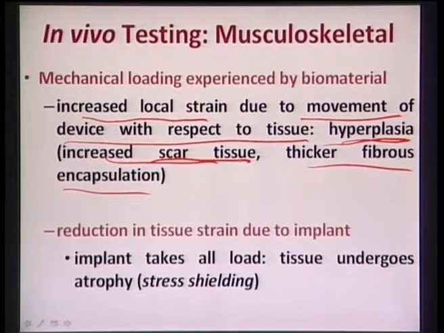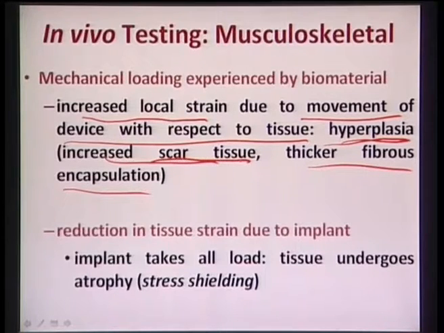So, therefore, there will be a cellular adaptation process, and those cells in the neighborhood will undergo some cellular adaptation. One cellular adaptation process that I have mentioned is hyperplasia, that is an increase in the cell number, and if a large number of cells form, then what will happen? They will form a kind of scar tissue, like you might have heard this word scar.